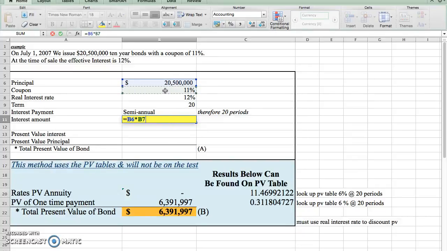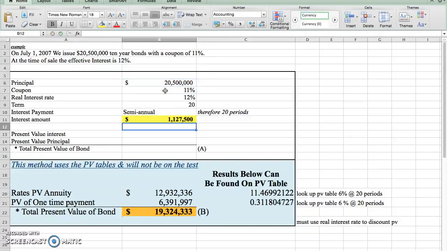Interest rates are always quoted annually. So we have to divide this by 2 because the interest is going to be paid semi-annually. So we're going to get 20 of these interest amounts because it's half of the year. So every half year I'm going to get 1,127,500 every 6 months for 20 periods.